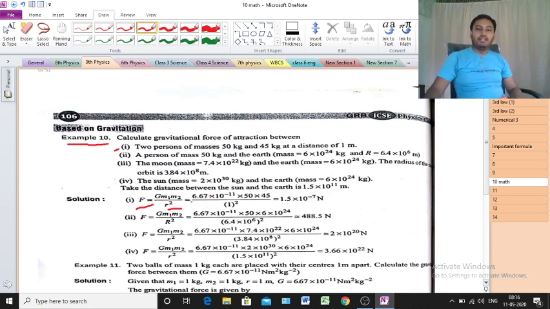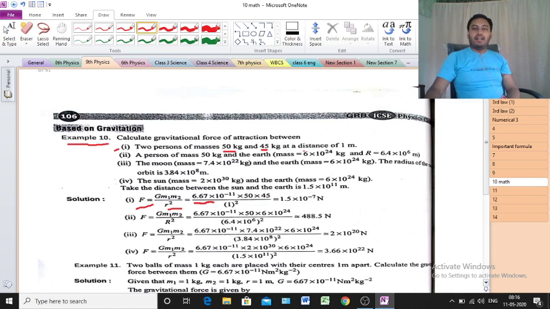Put the value of G, then you will get 6.67 into 10 to the power minus 11 into m1, which is 50 kg, and m2, which is 45 kg, divided by r square.